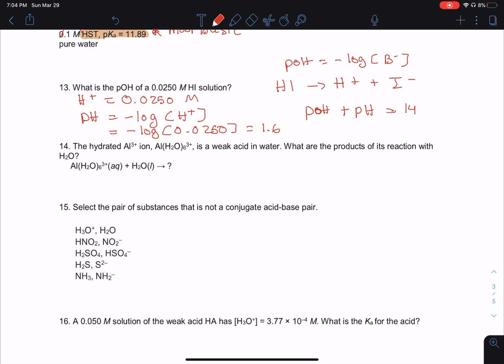So in this case, all we have to do to figure out the pOH is 14 minus 1.6, and that would give us 12.4. Okay, so our answer is 12.4.